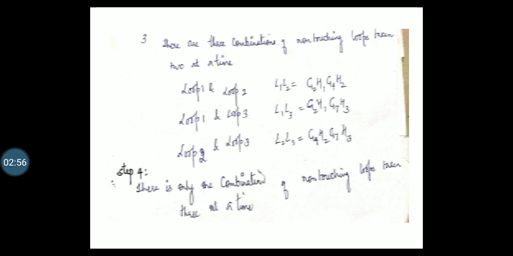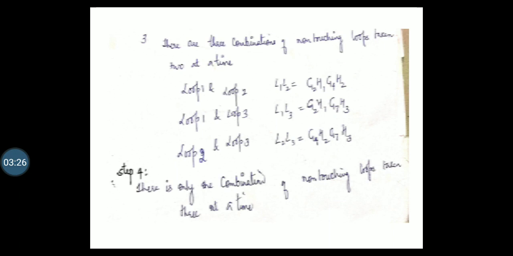Loop 1 and loop 2: L1 L2 is equal to G2 H1 G4 H2. Loop 1 and 3: L1 L3 is equal to G2 H1 G7 H3. Loop 2 and loop 3: L2 L3 equal to G4 H2 G7 H3.